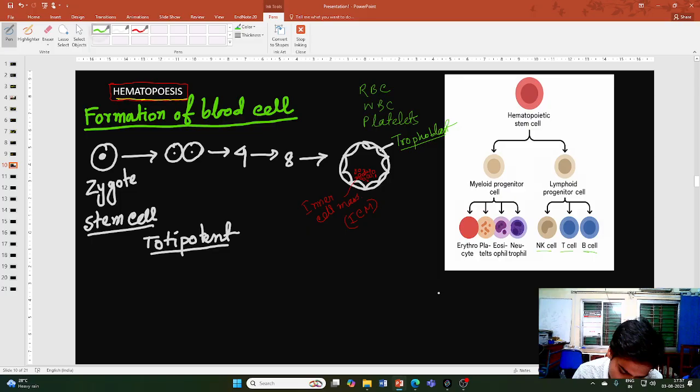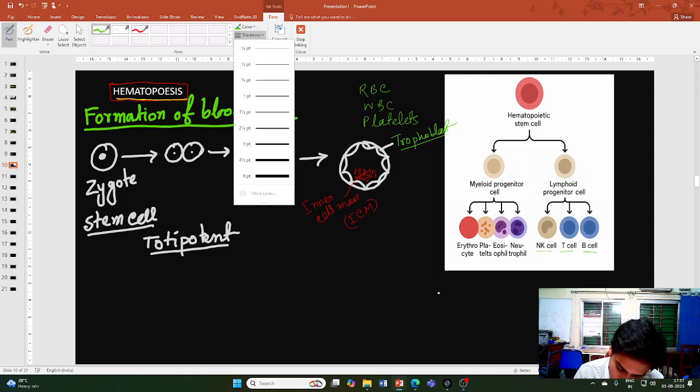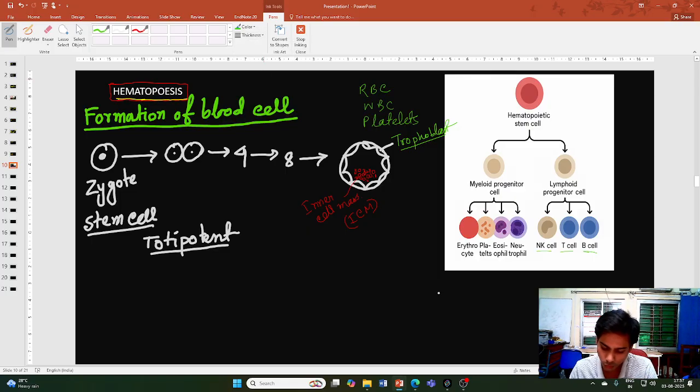In this condition, it turns from totipotent to pluripotent. So from the zygote stage to the blastula stage, it turns pluripotent. Pluripotent means it does not have the entire formation.